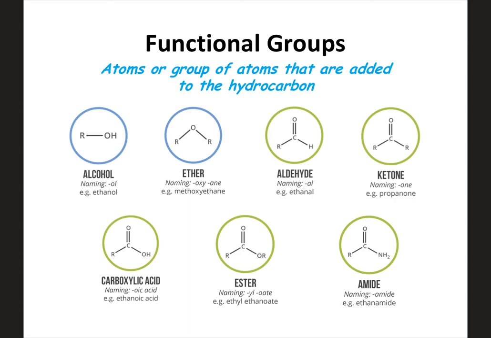Ethers are when you have this O in between 2 organics here. So you have some kind of organic attached to oxygen, and then you have that oxygen attached to another organic. So it's like the oxygen is smushed in between these organic molecules, but it's all single bonds. So we say this is an ROR version. To name these ethers, they would be like an oxyane.